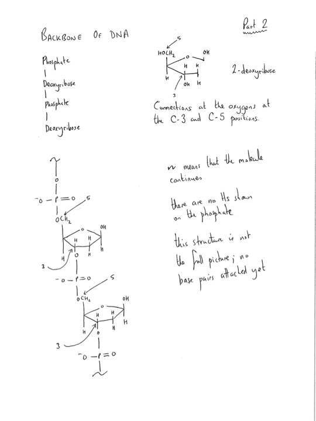So a bit more about the backbone of the DNA. There's a bond missing there, so I'll put a little bond in. So we have the backbone of the DNA again, phosphate, deoxyribose, phosphate, deoxyribose, continuing.